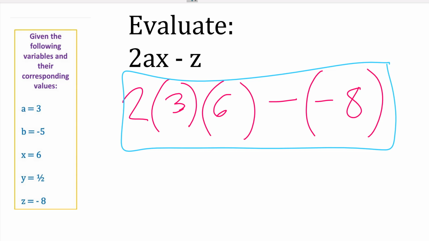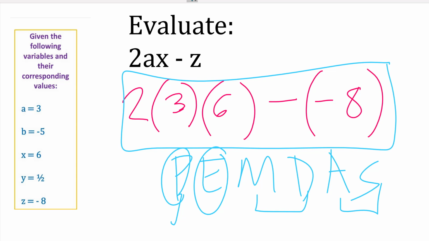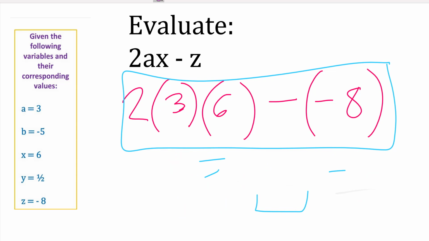And you always remember the PEMDAS: first parentheses, then exponents, then multiplication and division at the same level, and addition and subtraction at the same level. You already know PEMDAS by heart because you've been using it so many times.